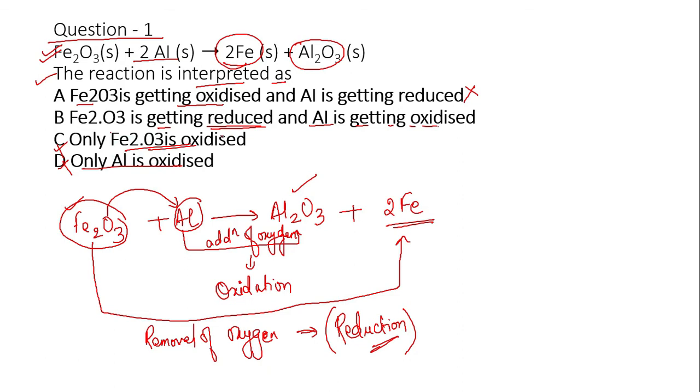C is not correct because oxidation has not happened here, reduction has. D you could mark, but this is half, because the word 'only' cannot be used since Fe2O3 is also reduced, that also we have to check. So the correct option for this question is B.